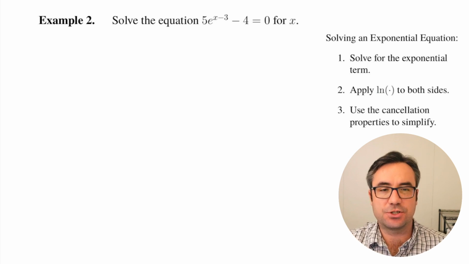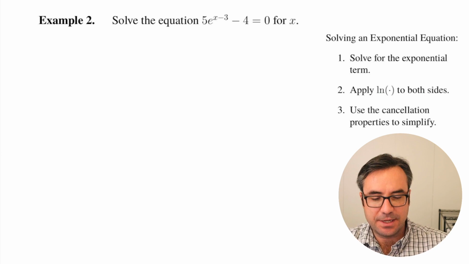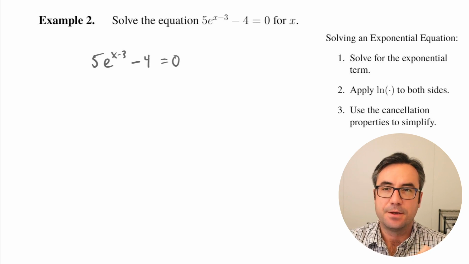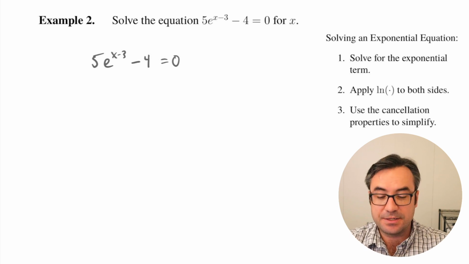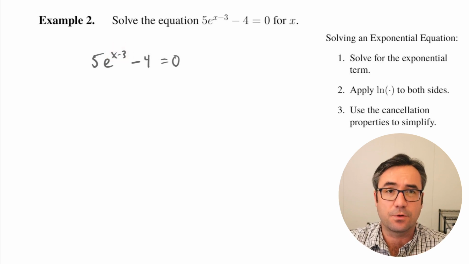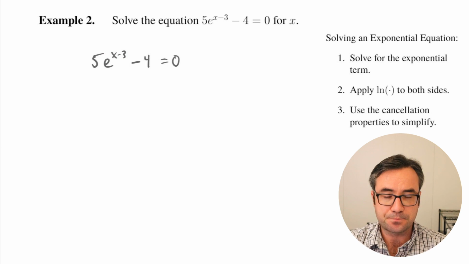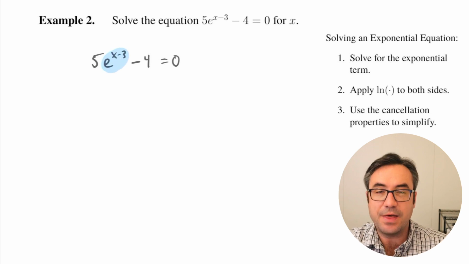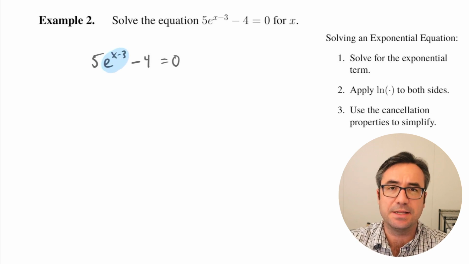All right, so let's try this one out. So let's start by writing our equation. 5e to the x minus 3, minus 4, is equal to 0. So the issue here is that our variable that we're trying to solve for is up in the exponent. All right, so what we want to do is isolate that exponential term. We want to get it all by itself.